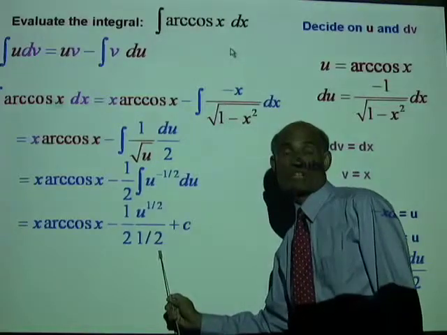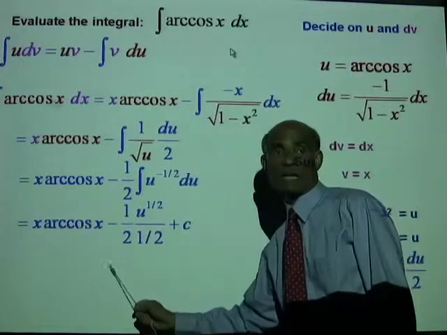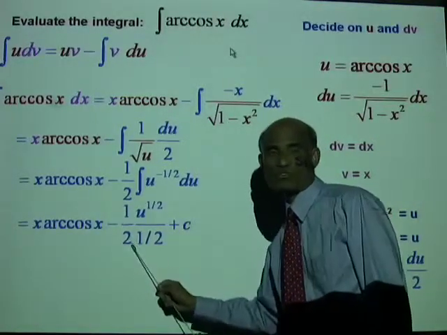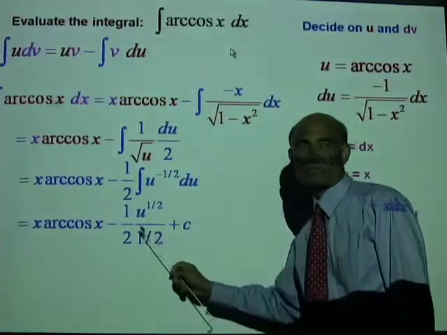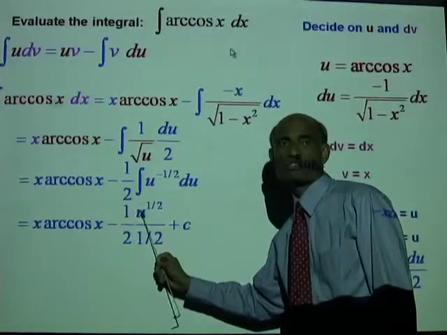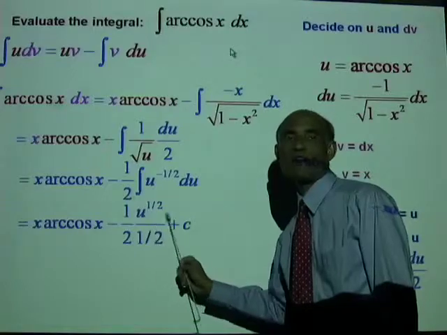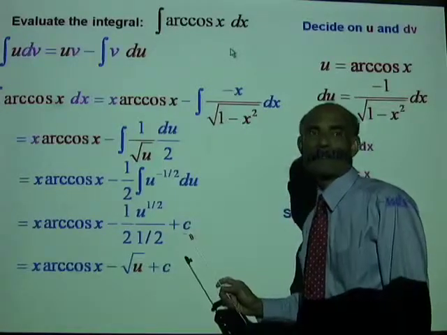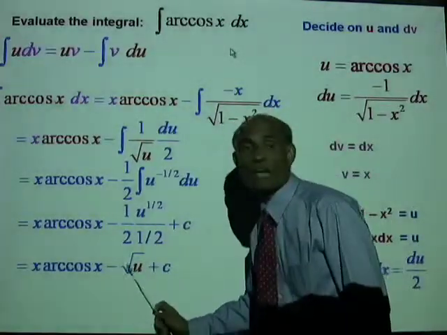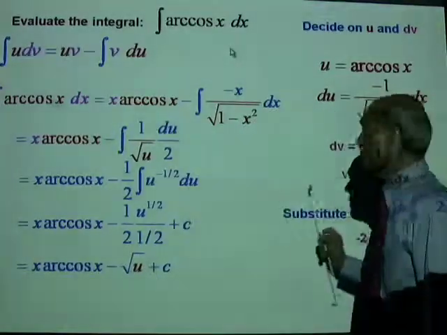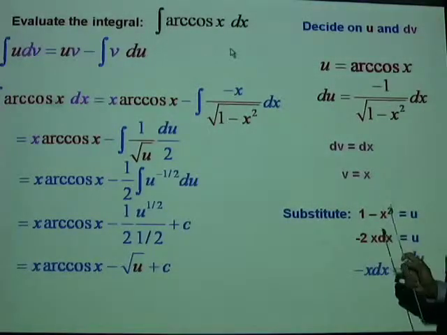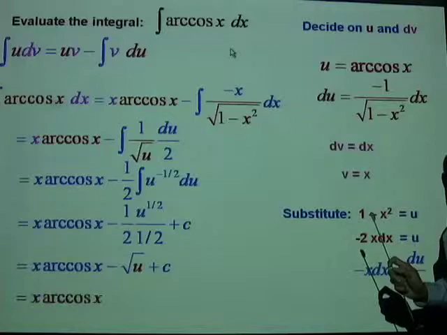That will be x arc cos x minus 1/2 u to the power of 1/2 divided by 1/2. And you can see this divided by 1/2, the 2 goes up and cancels. That means this whole thing will disappear, leaving a 1. This is simply u to the power of 1/2 plus c. And u to the power of 1/2 is square root of u, where our u is 1 minus x squared.